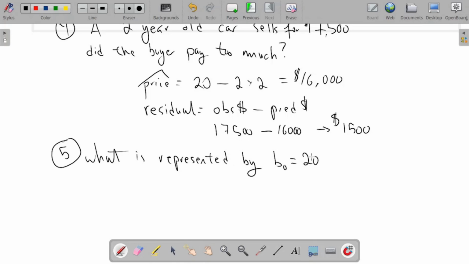Well, the only thing that's left in our model, let's use the word price. If price is exactly $20,000, then that meant age would have had to have been 0. So that means the price of a new car right on the lot is $20,000.